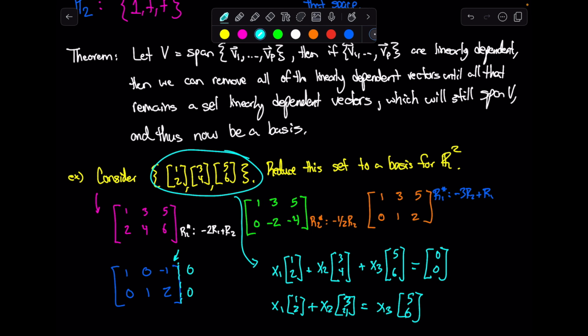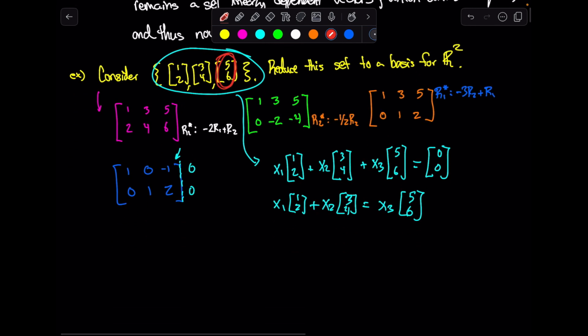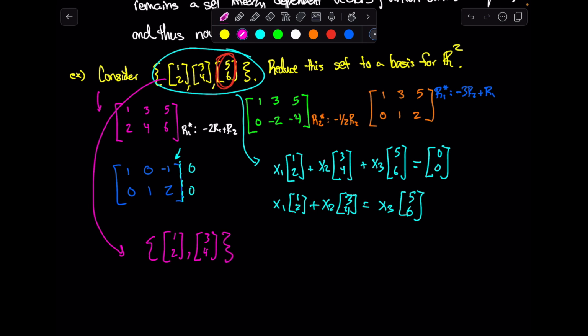And so it basically means that this column here is extra, which basically means that this vector right here is extra. And so if I wanted to reduce this set to a basis, I basically just figured out that the set that consists of the vectors 1, 2 and the vector 3, 4 is going to get the job done, because now I have two vectors for R2.